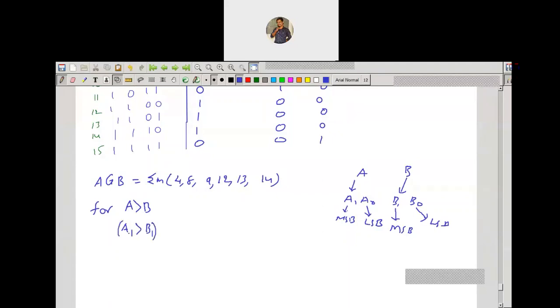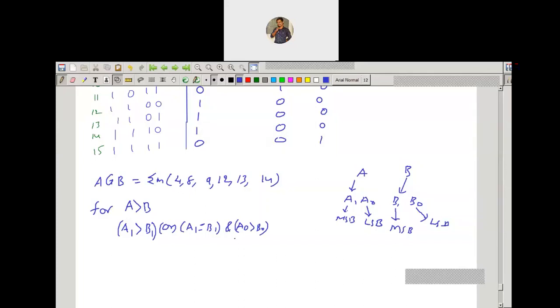You can check the truth table: when A1 is more than the B1, in all cases you will get logic 1 for A greater than B. Or else, one more possibility is when A1 is equal to B1 and A naught is more than the B naught. In this case also you will get A more than B.